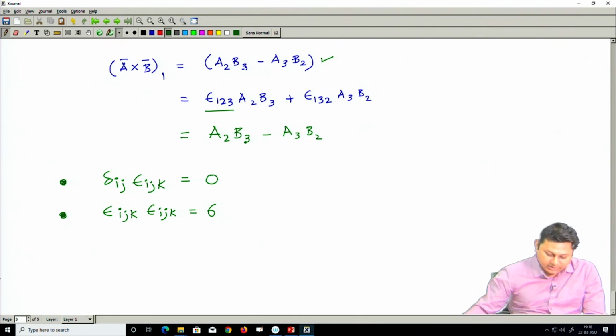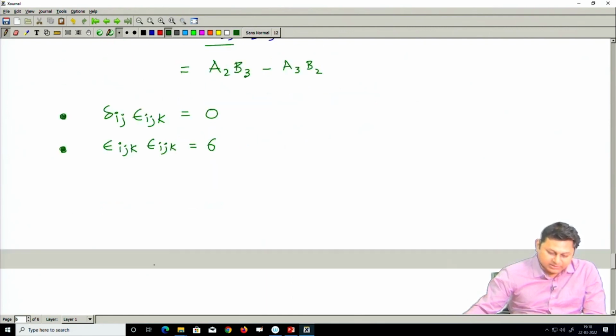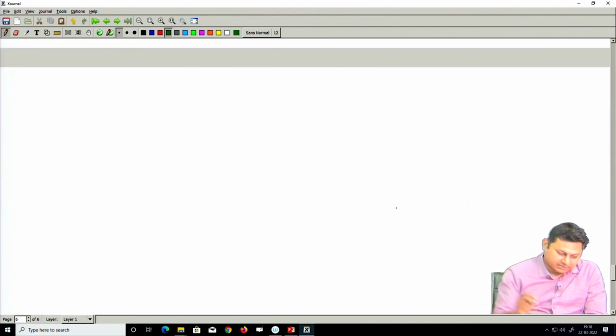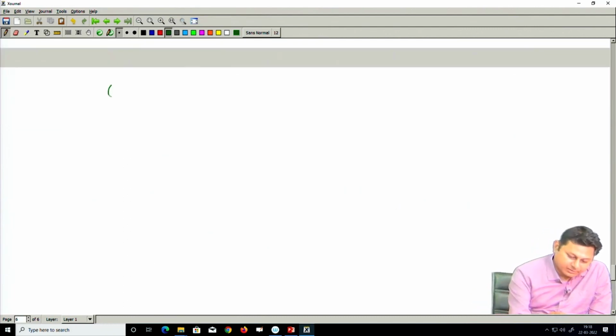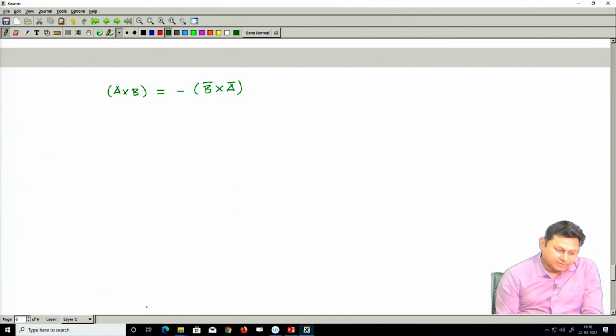Well, also with these notations you can find something. For example, A cross B, and we know that it is minus B cross A, right.